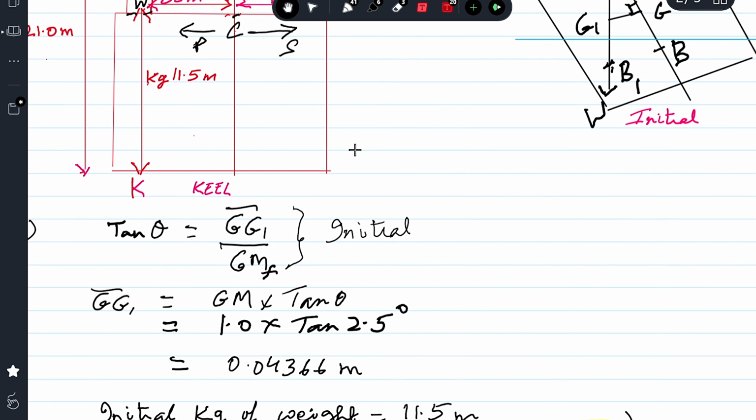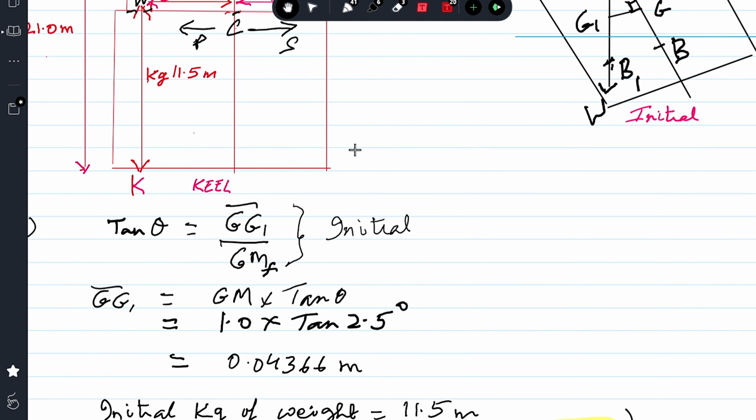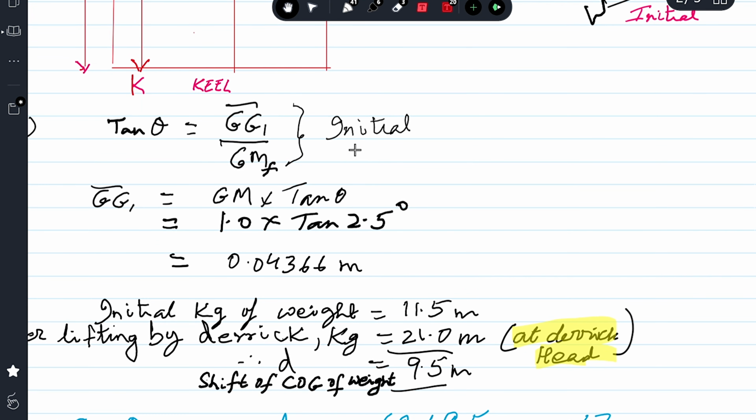The first, how much the list changed as soon as the cargo is picked up, because GM reduced. That is why the list changed, even though the cargo was still 3.5 meter on the port side originally.